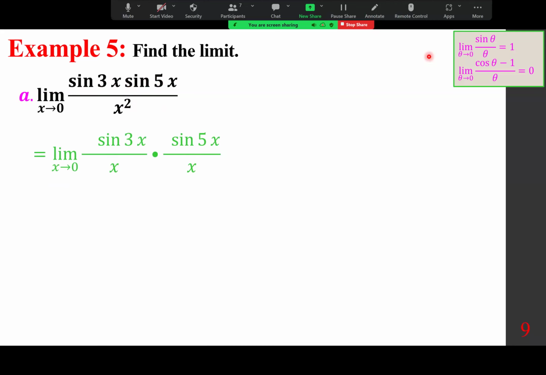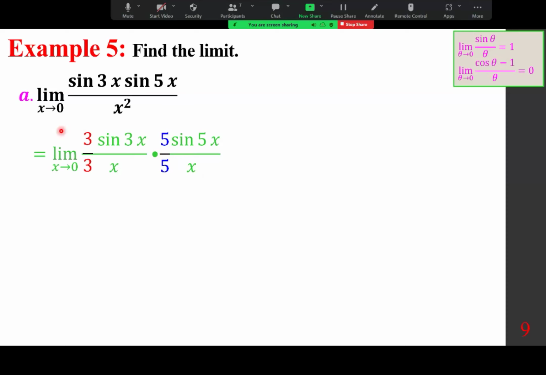And when you compare, you notice if this is 3x, we are hoping to have a 3x here. Okay, I can put the 3 down here and up here. Over here, the argument is 5. We hope we have a 5 here. So plug in 5 and plug in 5 up here. It's important to know this is 1, this is 1.